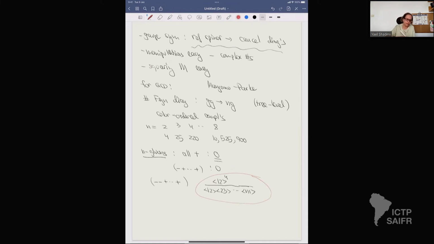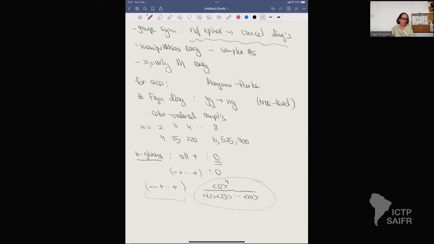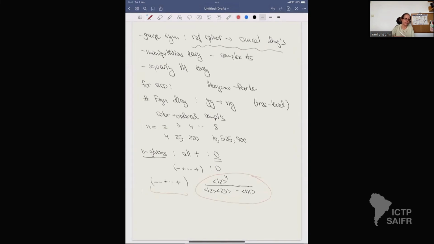Now, these amplitudes are the first ones that are non-vanishing, when you start switching some gluon helicities from pluses to minuses. So they're called the maximally helicity violating amplitudes, or in short, MHV.